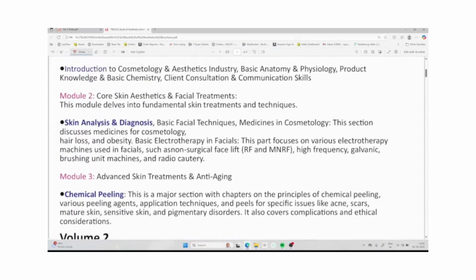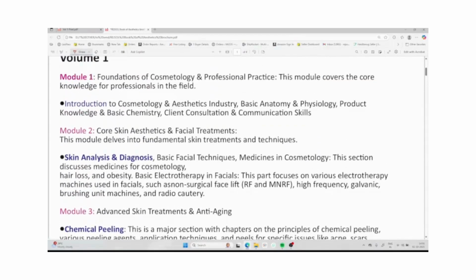So now in module 1, it is the foundation of cosmetology and the professional practice. So how to go about with the professional practice and the foundation of cosmetology is there in this module 1.